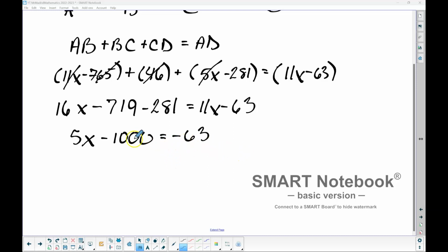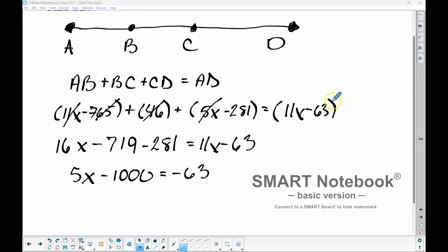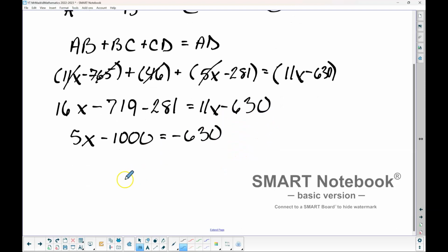If you're thinking, combine these two, you were right. So this right here is 630. I made a silly mistake, so let me put the 0 in. I copied it wrong. Luckily I caught the mistake, so now let's combine that.